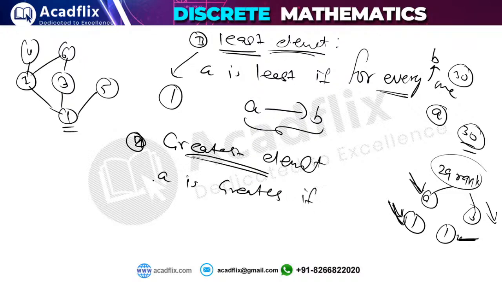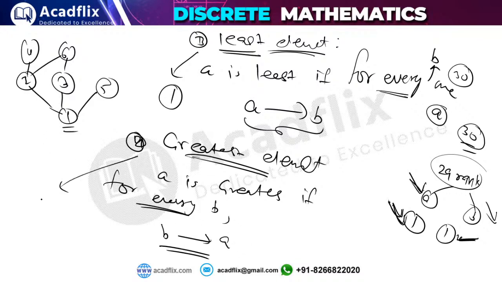A is greatest if everyone is below you. For every B, B is below A. So this is the definition: if every element is below A, then A is greatest. In our example, there is no greatest element. Why?